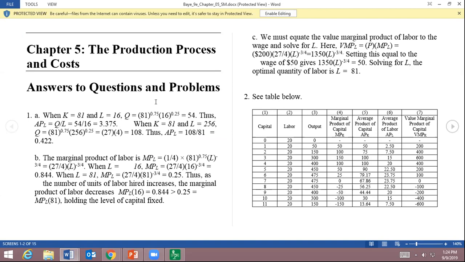I'm just pulling the 1/4 out to the front. I'm setting this K in the middle, the L to the negative 3/4 down here. There's two different ways you can write it. You can either leave the K to the 3/4 on the top and then put the 4 and the L to the negative 3/4 on the bottom. Or as G so nicely pointed out, you can also just have it be 1/4 times K to the 3/4 over L to the 3/4, or 1/4 times K over L to the 3/4 altogether.